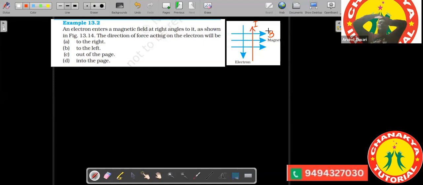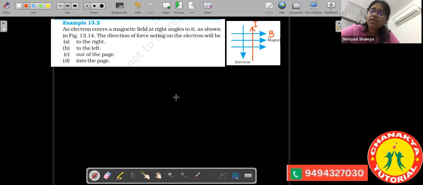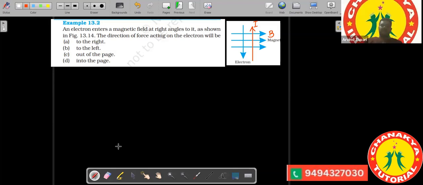Keep the direction of current the same, rotate your hand, and once your fingers are arranged in the direction of magnetic field line, you will find that it experiences a force in the inward direction. The electrons will experience a force into the plane of paper. So, sir, it is into the page? Yeah, it's into the page.